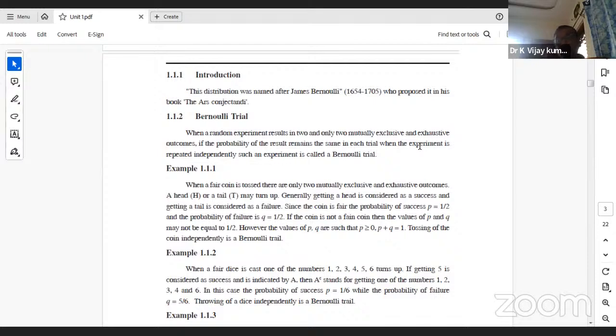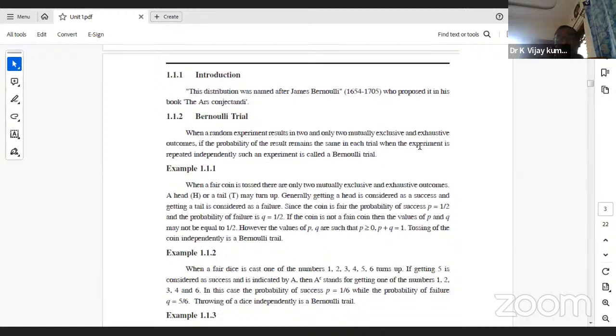When a fair coin is tossed, there are two mutually exclusive and exhaustive outcomes, a head and a tail.